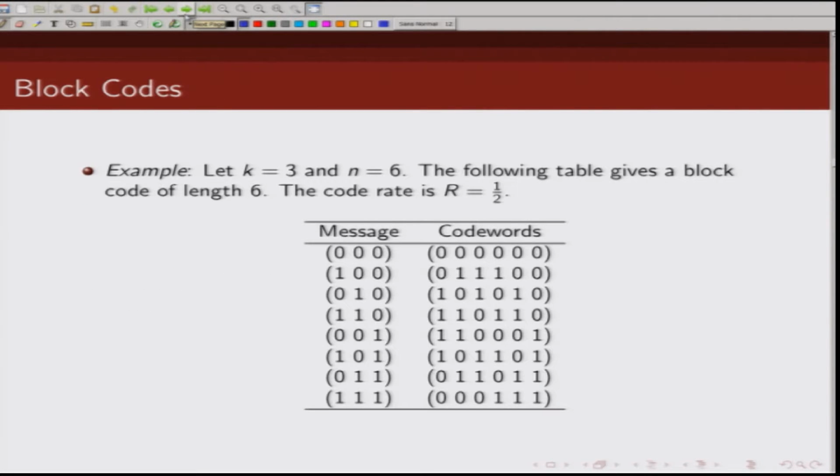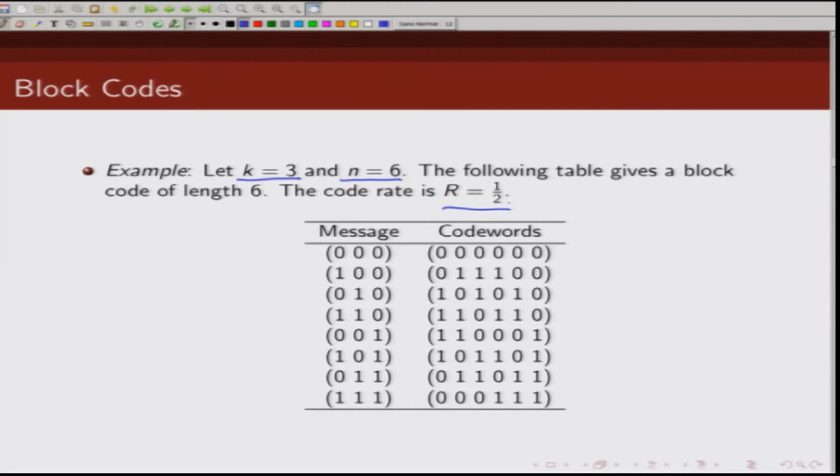Let us consider an example of a linear block code. In this example, the number of information bits is 3 and the number of coded bits is 6. So, the code rate, which is the ratio of information bits to coded bits, is 3 by 6, which is half.